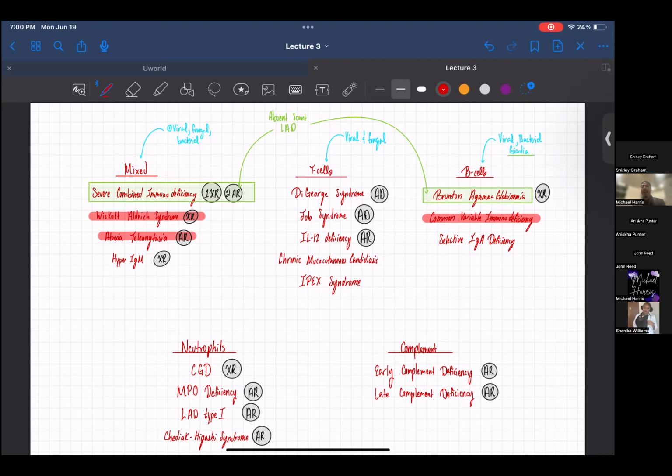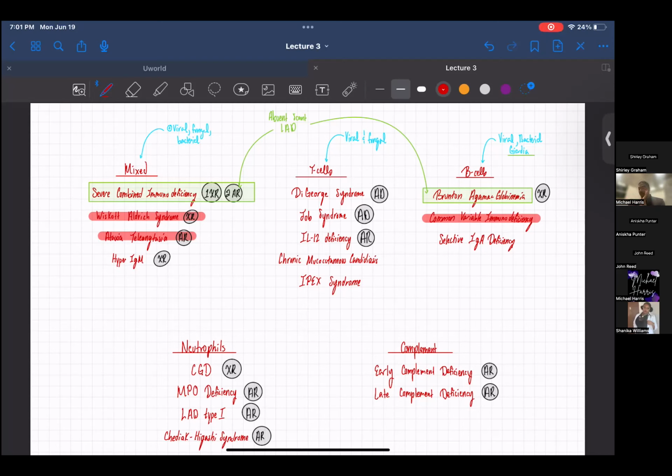Viruses that anchor onto those linings cannot either. That is why you have an increase in viral and parasitic infections.